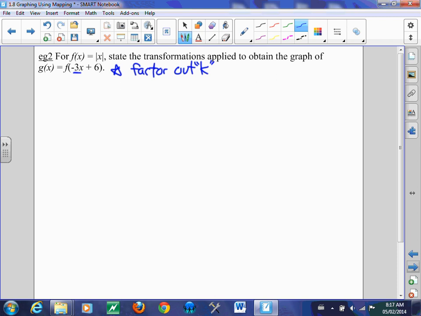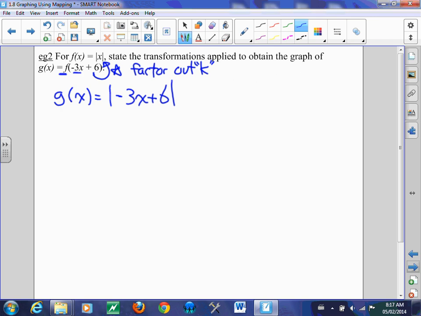Okay, the first thing I need to do before I do the factoring out is I need to take my transformation function because it's got f of x and I need to relate it to the absolute value. Then I will do my factoring. Okay, so the first thing I'm going to do is go g of x equals the absolute value of -3x plus 6, okay, because I'm applying the absolute value. Now I can graph it because I've specified what parent function I'm applying the transformations to.